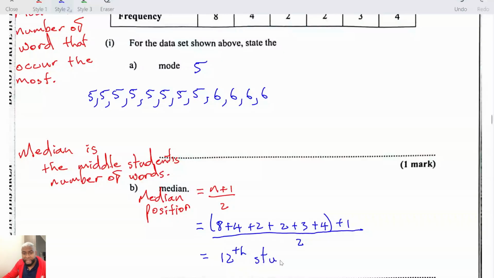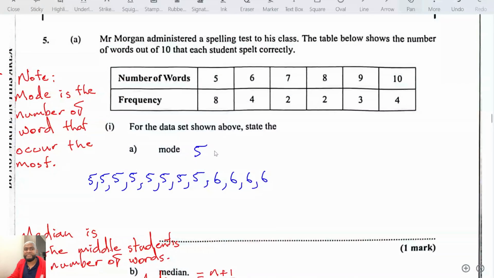So what did the 12th student get? Let me show you how to articulate this. If we deal with the first 8 students, the first 8 students got what out of 10? 5. The next 4 students got what? So 8 plus 4 would be 12.